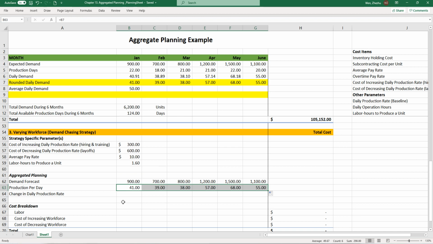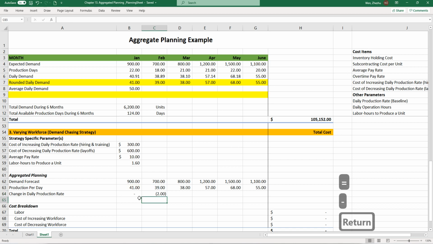And change in production rate, that means the month over month difference. Okay, so in the first month, we don't consider any change in production because we don't have any information on how many people we began with. So we're just going to leave that as is. For the second month, you see that there's a difference. There is actually a 2 unit decline in their production rate.